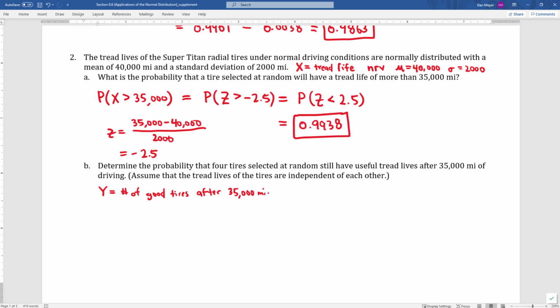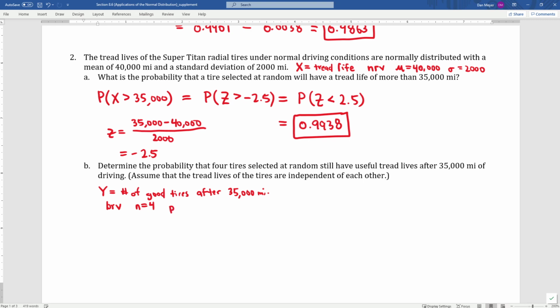It is a binomial random variable. Let's talk about that for a second. We have a fixed number of trials. There's 4 tires. And in each trial, there's a success and failure. The tire is successful if it's still good, and it's a failure if it's bad.